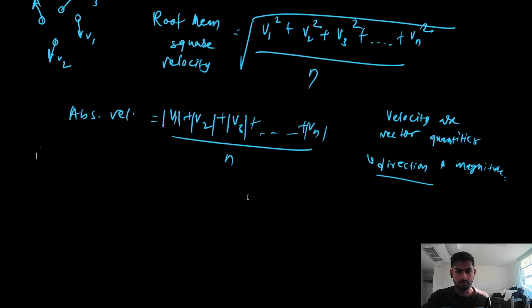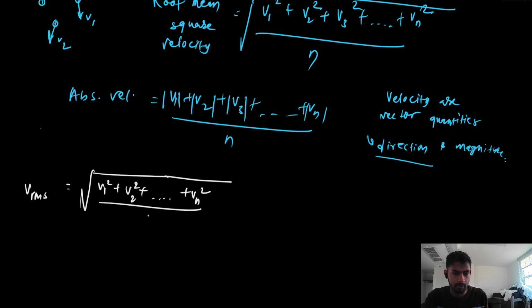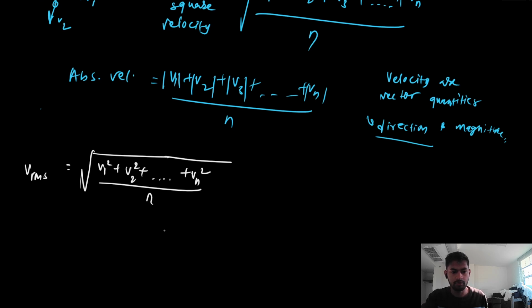So the final formula would be VRMS is the square root of v1 squared plus v2 squared plus dash dash dash plus vn squared, by n, right?